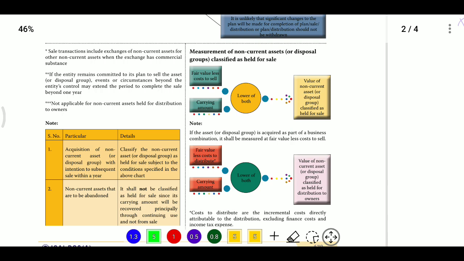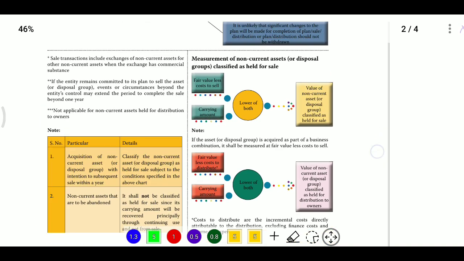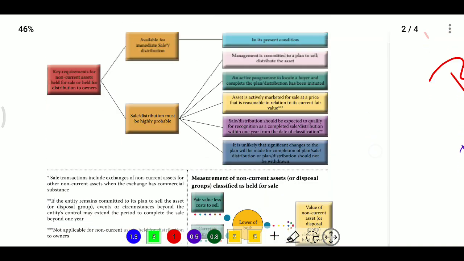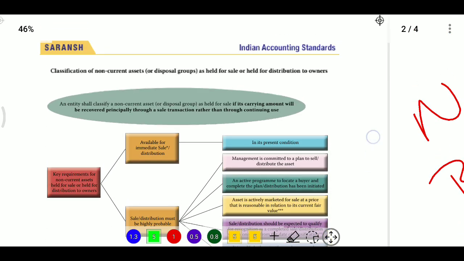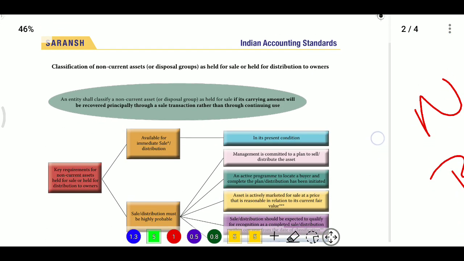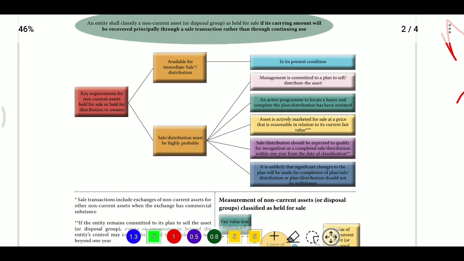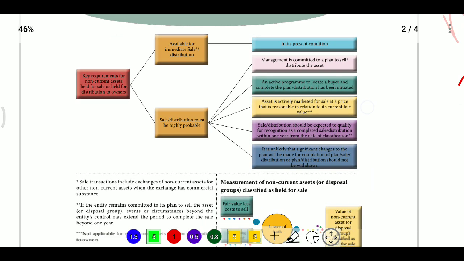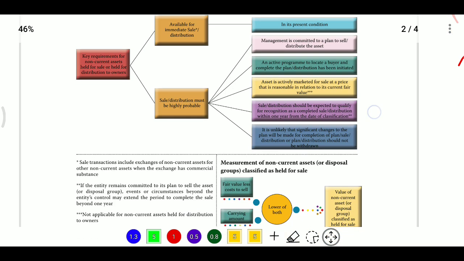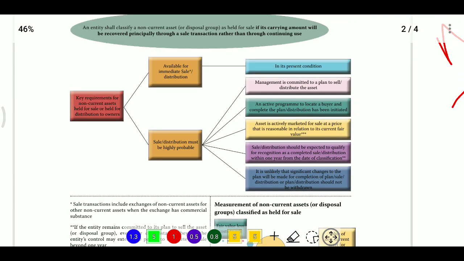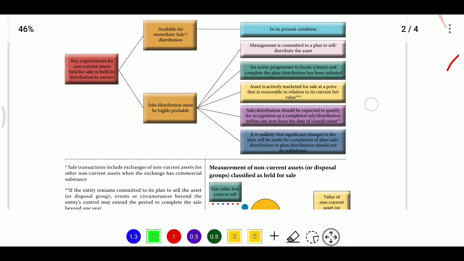For classification, the asset must be available for immediate sale in its present condition and the sale must be highly probable. Even if regulatory approval is pending, it will be considered, provided the sale is highly probable.